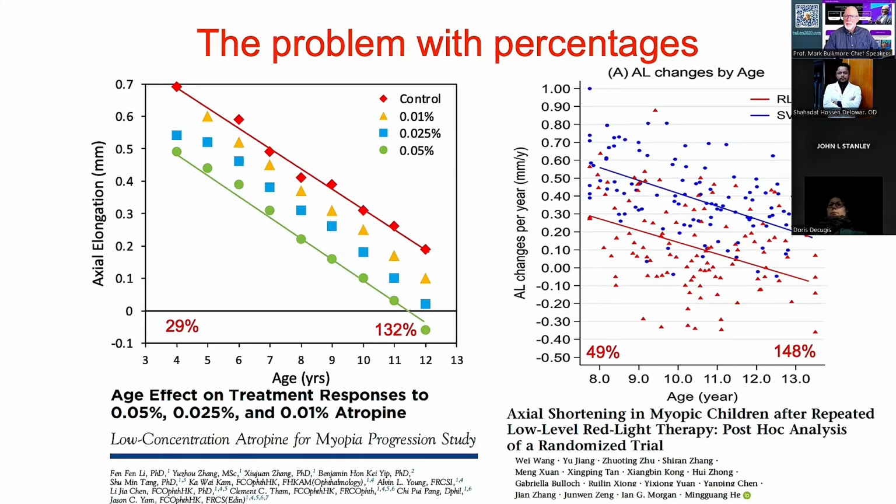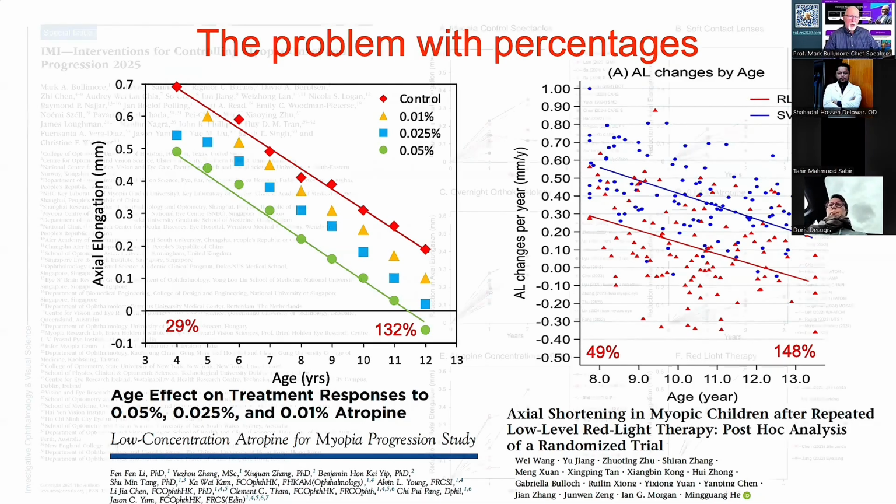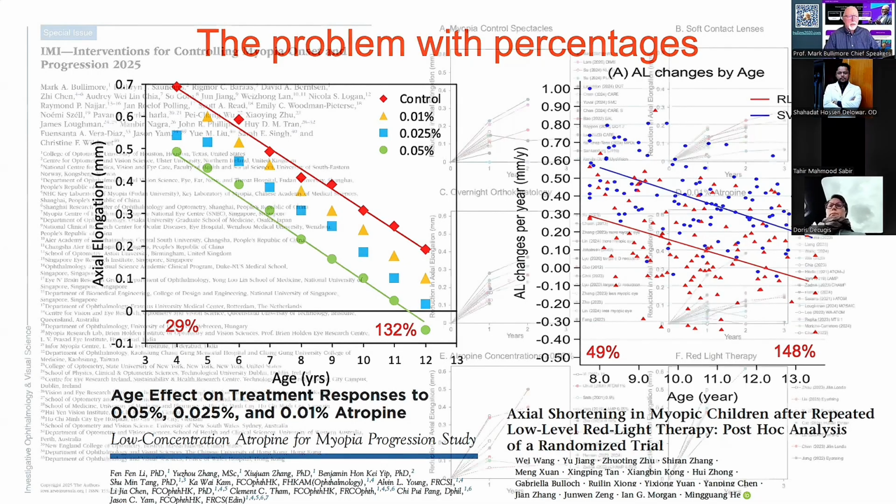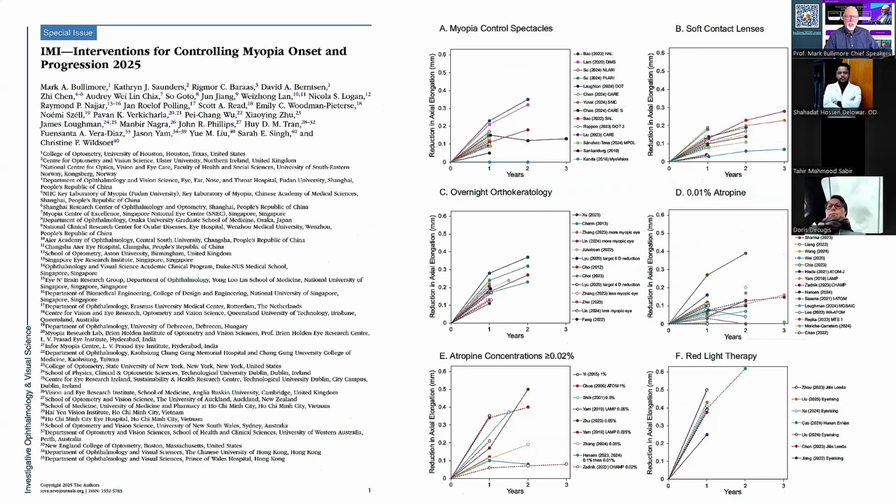Down at the bottom, you can see, on the left, that the percentages are much, much lower. So percentages can be very misleading. So that's why in this paper, we focus on the absolute changes in axial elongation. And in the tables, we also give the values for myopia progression.